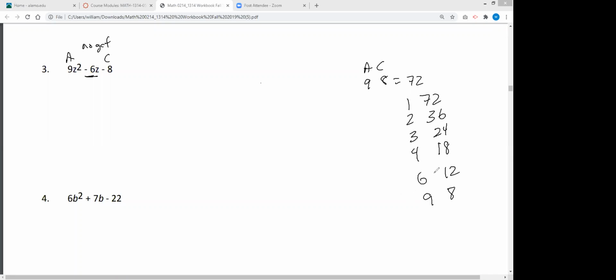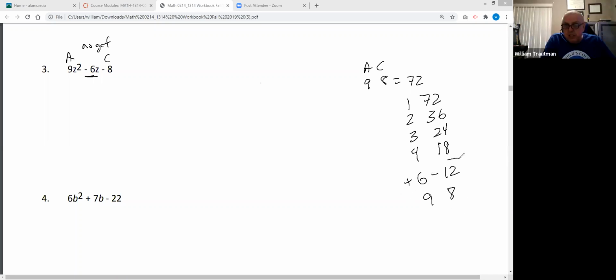-12 plus 6. Yes. And I'm just checking to see if there are any more. No, that's it. We have to split this middle into -12 and +6. However, I'm putting the +6z here and the -12z here.